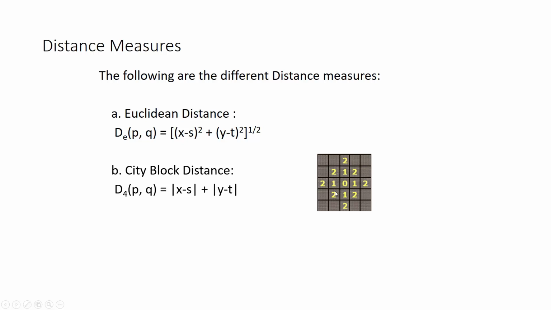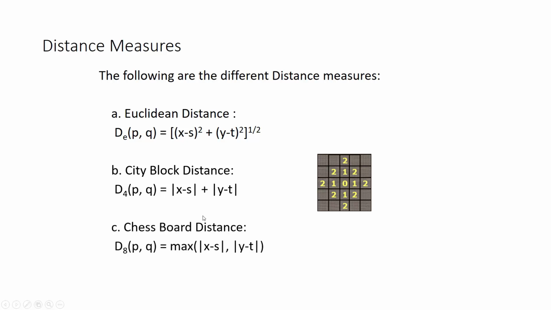Now if you are going towards the diagonal, then we have 0, this one is -1, +1. So the distance is 0 minus 1 and 0 plus 1, so overall the distance is 2.